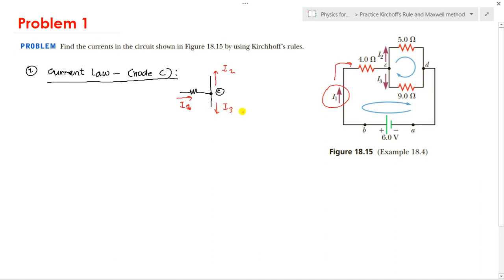So in this diagram we can say that I1 is equal to I2 plus I3.